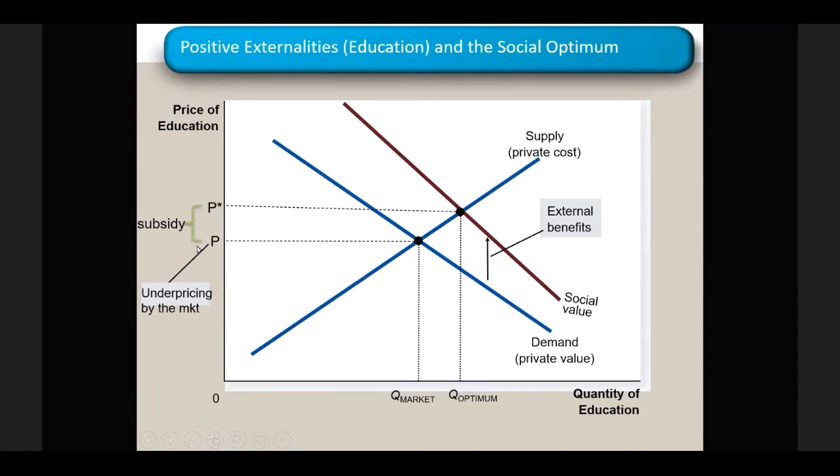The firm still charges P but produces the optimal level of output. If you top up the P with the subsidy, the magnitude of the difference here, that equates to P star, and it gives the optimal condition as far as society is concerned, where the marginal social benefit equals the private marginal cost.